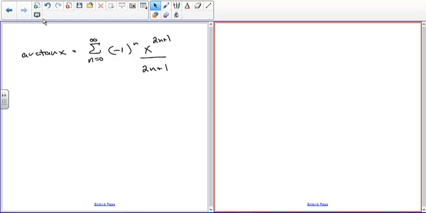So we know that the integral of the cosine is the sine. So I thought it might be interesting to take the infinite series representation of the cosine in summation form.